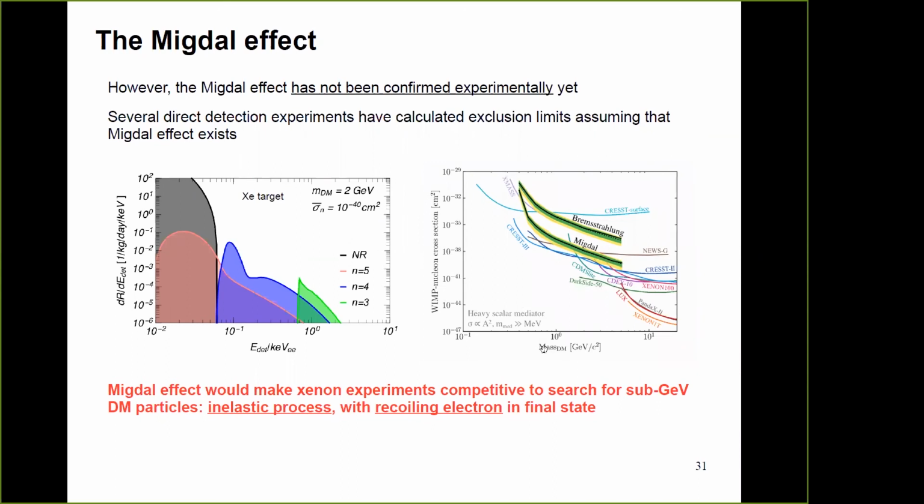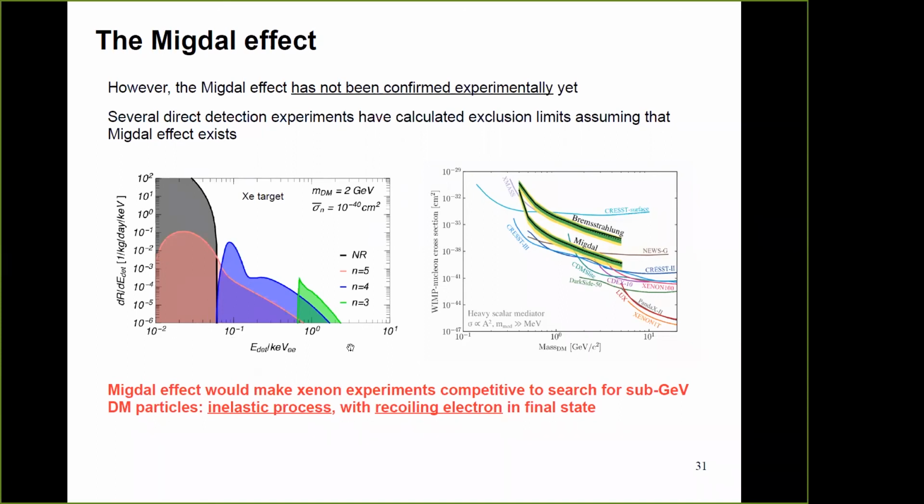With this effect, you are opening the door for xenon experiments to be also competitive to search for sub-GeV dark matter particles, not only for WIMPs. And you can see the reason here on the left. For a 2 GeV dark matter particle, this is the energy spectrum for pure elastic scattering with a nucleus, and you see a threshold below the keV scale.